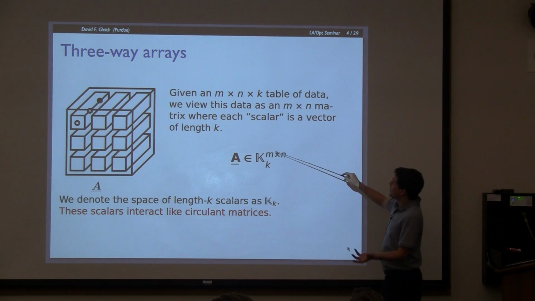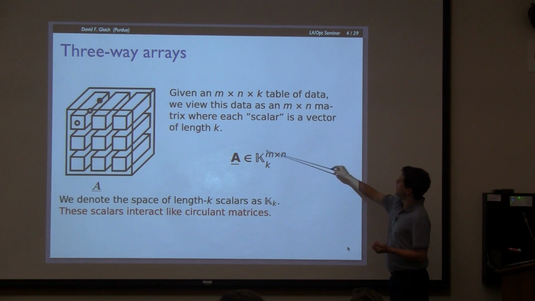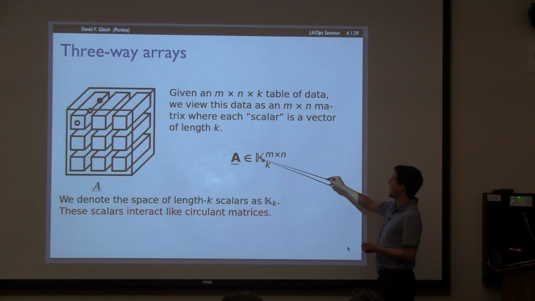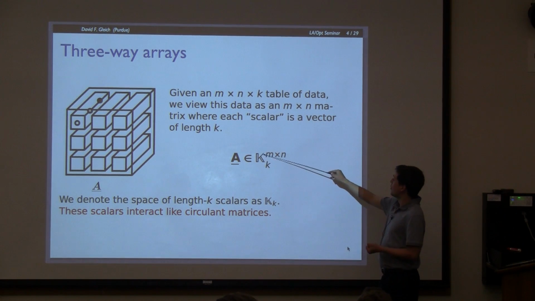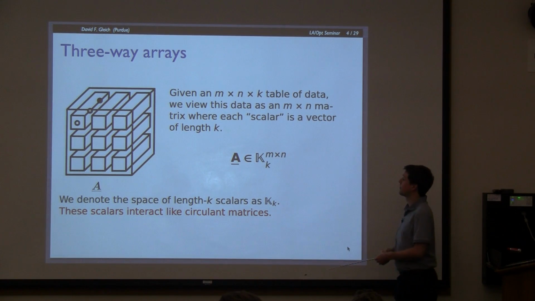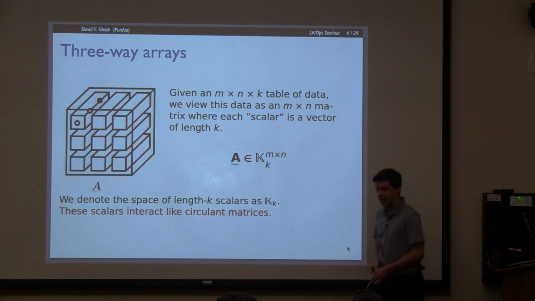As I said, we're going to treat these things mostly like matrices. So we're going to separate out the matrix dimension from the scalar dimension. So we're really looking at matrices over scalars that come from K_k. We're going to denote the space of these things by K_k.